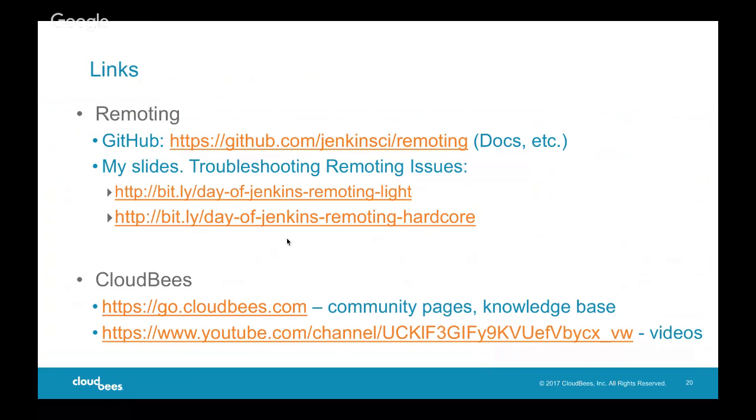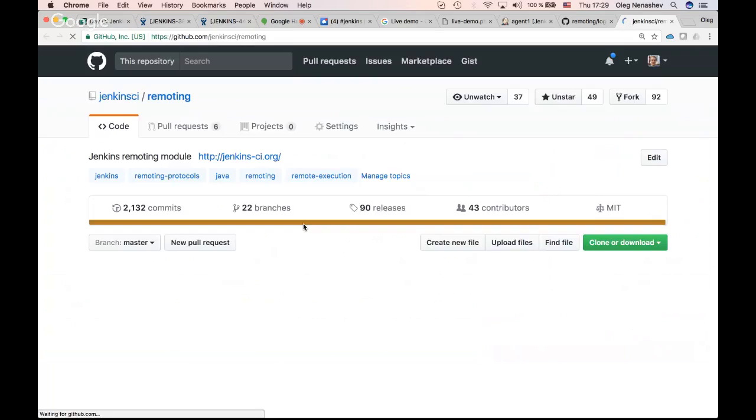And if you need more information about work directories and other stuff, there is a GitHub repository for remoting with all documentation. I try to extend it when possible. There are also some slides for remoting troubleshooting. You can also find the links to other presentations on the remoting documentation page.